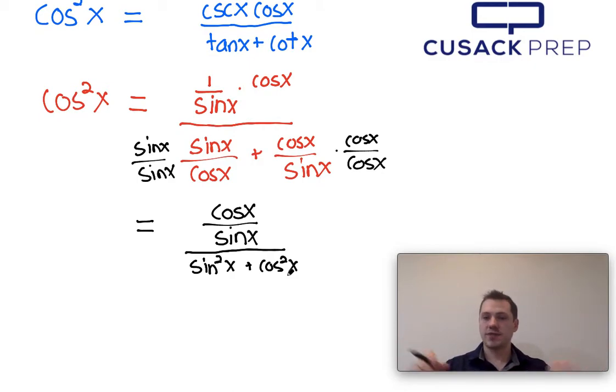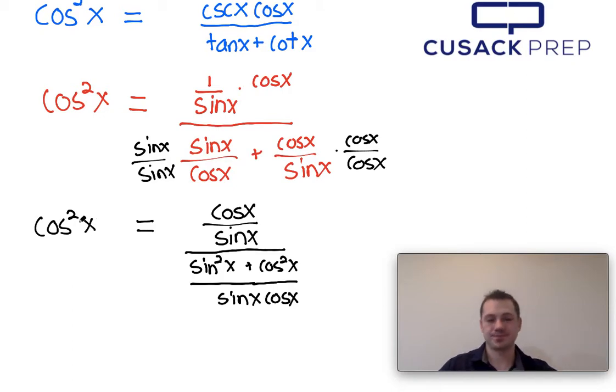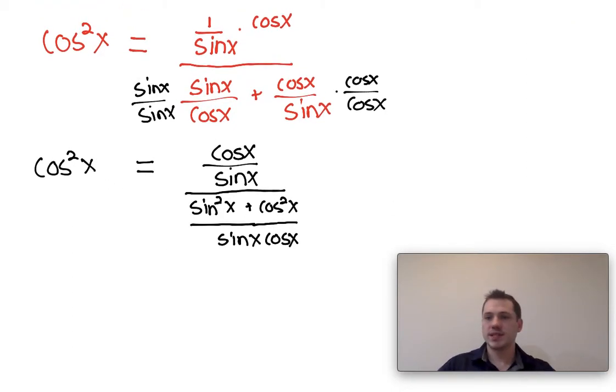If I'm adding two fractions that have the same denominator, I just add right across the top and keep the denominator the same. So this becomes sine squared of x plus cosine squared of x over sine x cosine of x. And again, that equals cosine squared of x on this side. So do I notice anything about this?